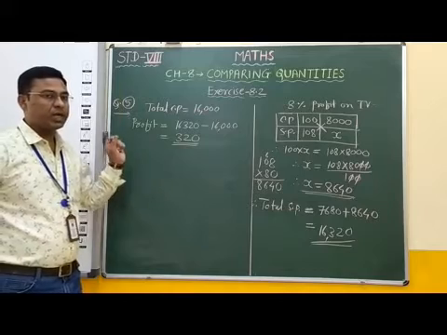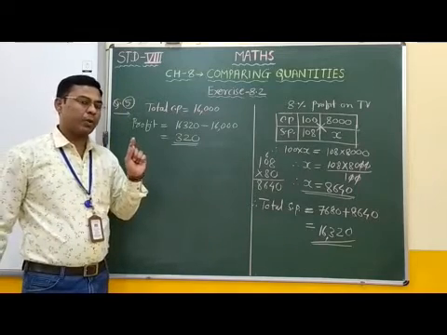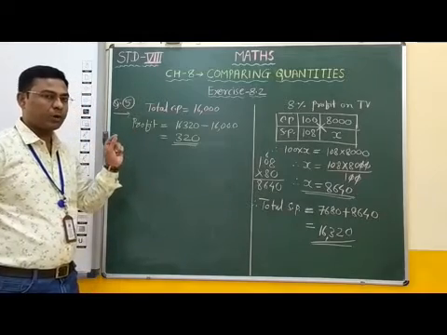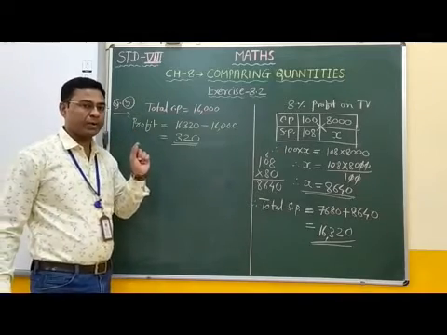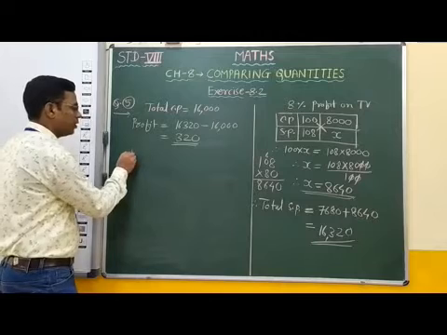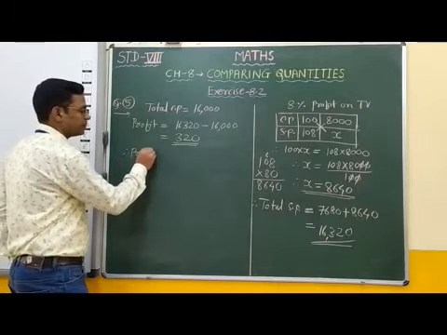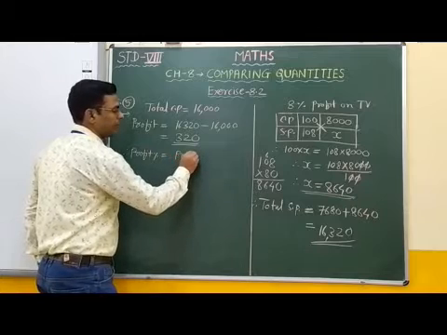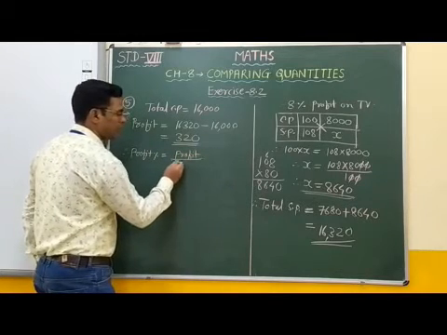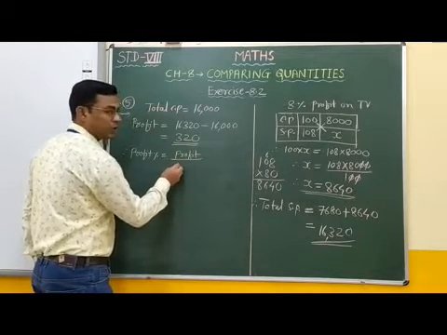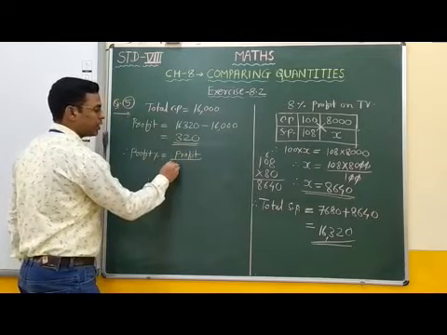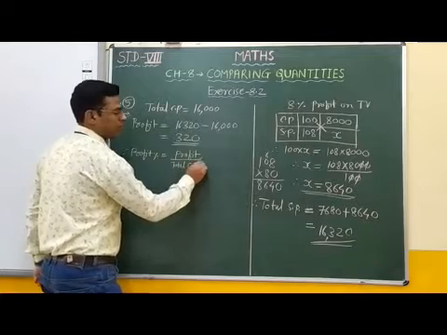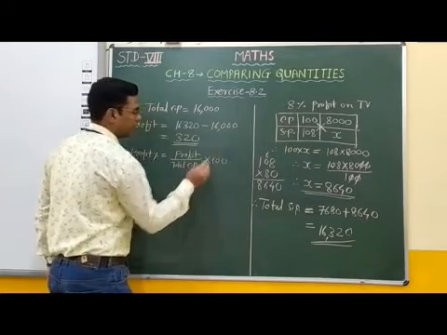Now students, here we have to find out profit percent. Therefore here we have to write formula for profit percent. Therefore profit percent is equal to profit upon cost price, and here we have to write total cost price, multiplied by 100.